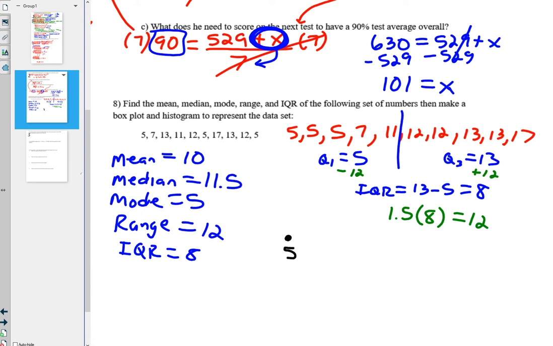So there would be the 5, Q1 is also the 5. So actually it's not even going to have a whisker. This is just going to be 5 there. The median was 11.5, so the median would be kind of like there. And then the only whisker is going to go out to 17.